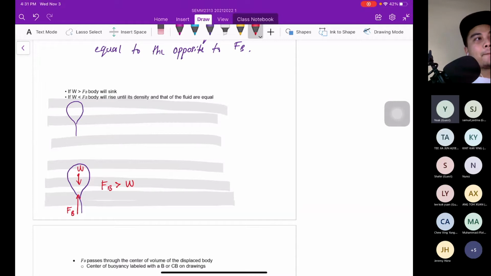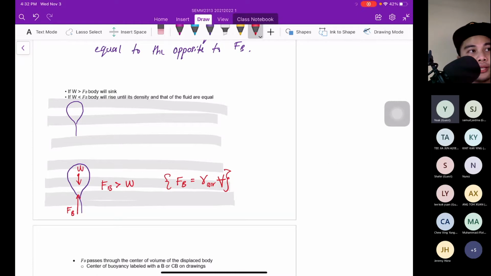Okay, now, do you get it? FB directly depends on the atmosphere density, gamma of air, and this is the displaced volume of the balloon. So that means the buoyancy is changing with altitude.